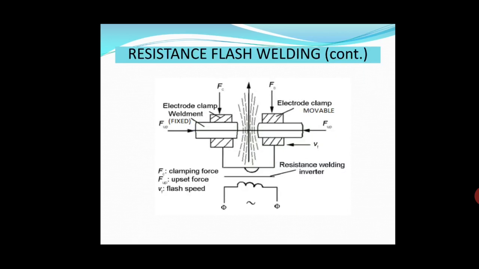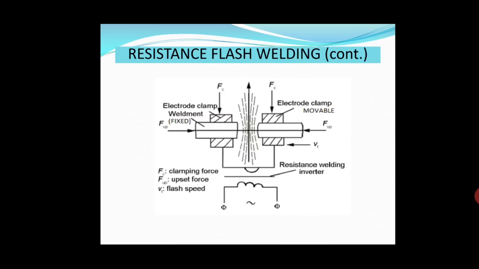So this is the drawing of flash welding. It is almost similar to butt welding. The only difference is that in case of butt welding, due to the mechanical pressure, the ends are joined.